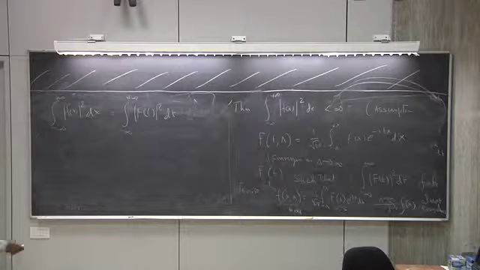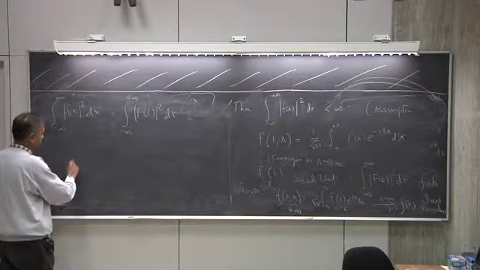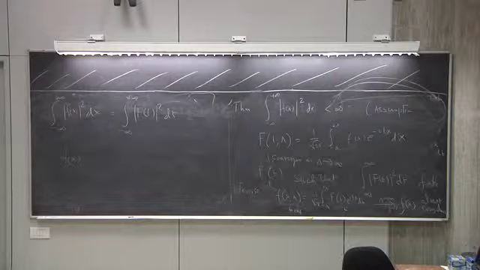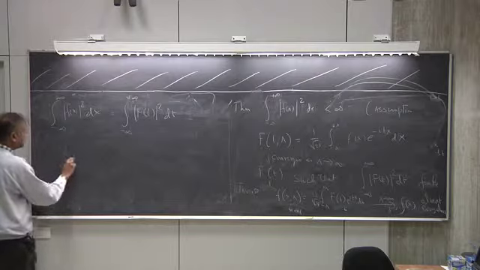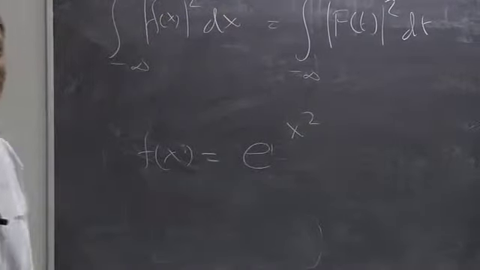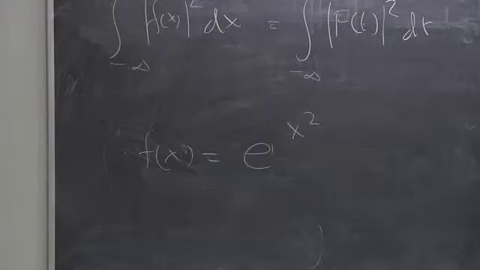For example, if some function f of x is blowing up at infinity, there is no Fourier transform of that. You should have good behavior at infinity, then the Fourier transform always exists. Imagine f of x exponentially blowing up, like x square; this will have no Fourier transform.